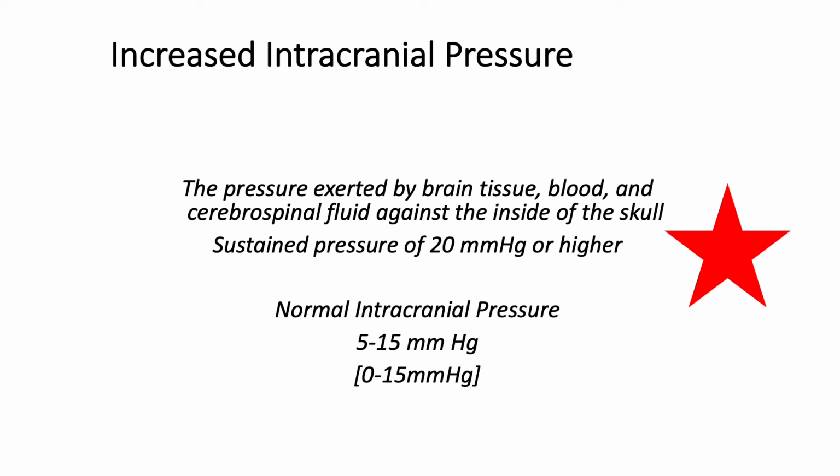Intracranial pressure is defined as the pressure exerted by those three components, brain, blood, and CSF, against the inside of that inexpandable vault or the cranium. Now we call this increased intracranial pressure or IICP when the pressure in the skull is 20 millimeters mercury or higher and it's sustained. A normal ICP will fluctuate between about 5 to 15 millimeters mercury. Some sources actually say 0 to 15 millimeters mercury, and we'll talk about what might cause those fluctuations in ICP.